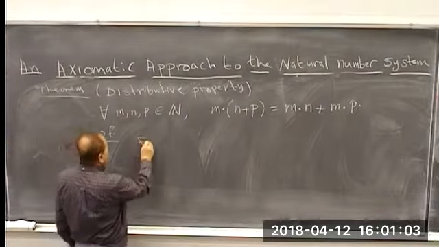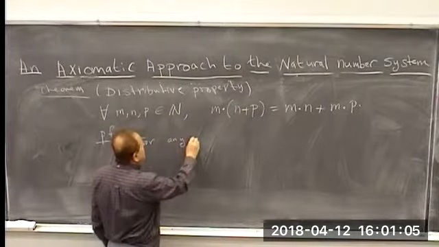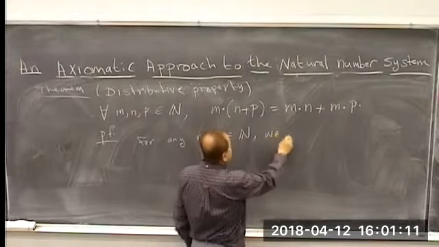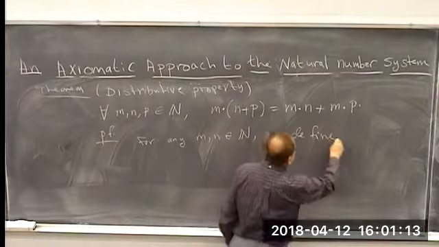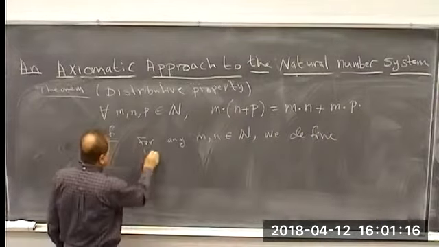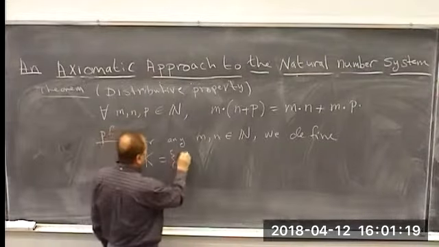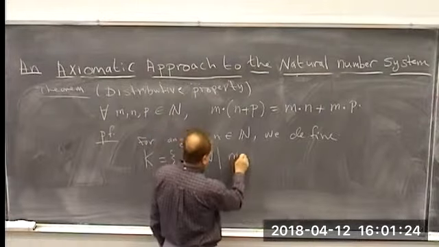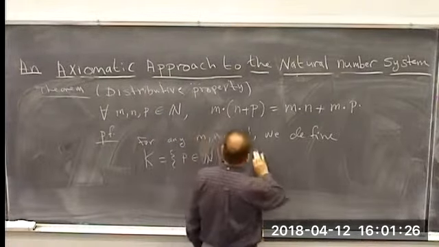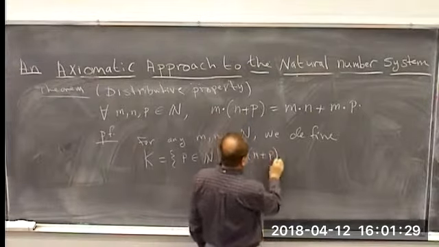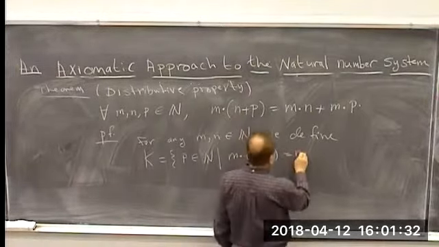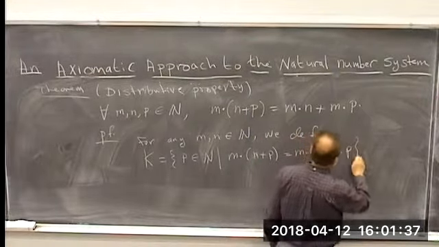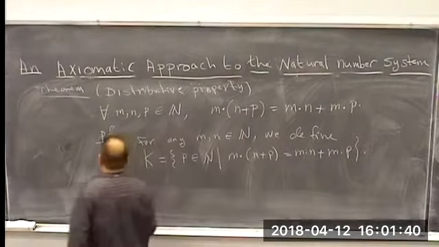So for any m, n in N, we define K to consist of those elements p in the natural numbers such that the property basically holds: m times n plus p is equal to m times n plus m multiplied by p. First, we want to show that 1 does belong to K.